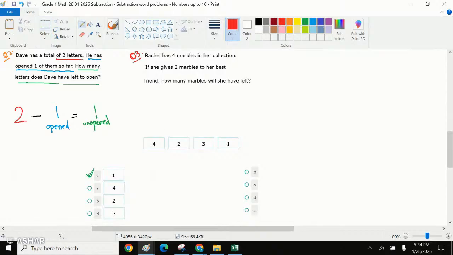In this case, this is option number A, option number B, option number C, and option number D. These were the options given to us. So how many marbles would she be left with?